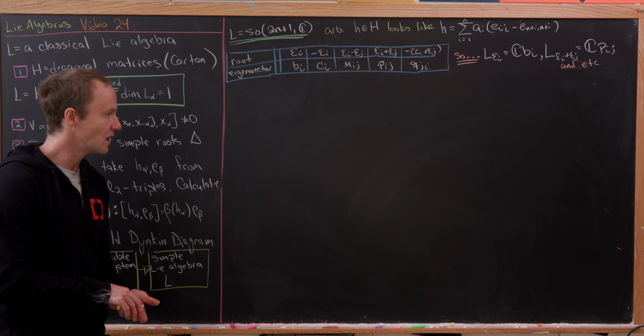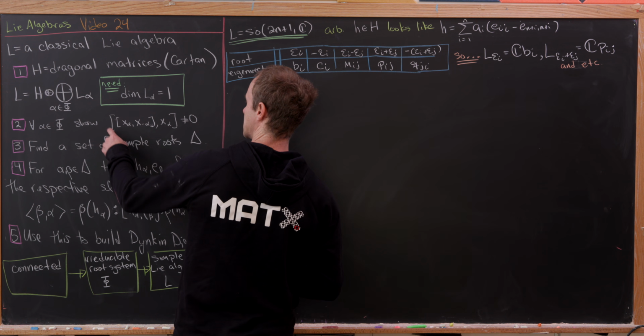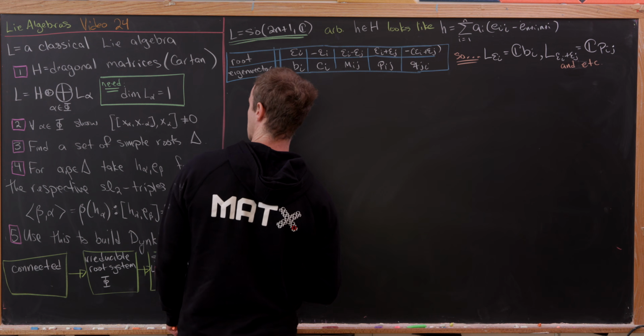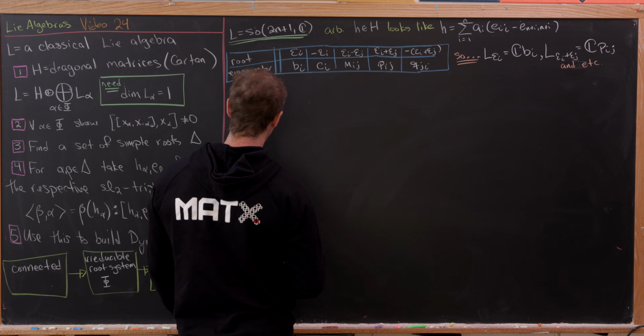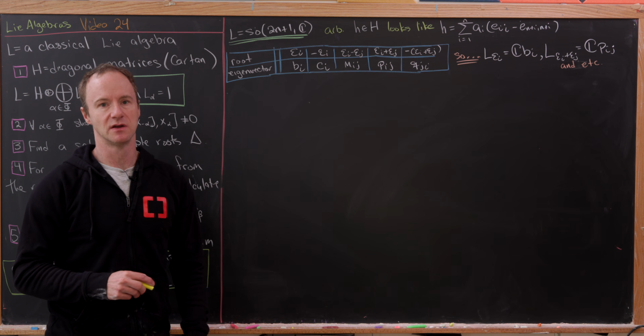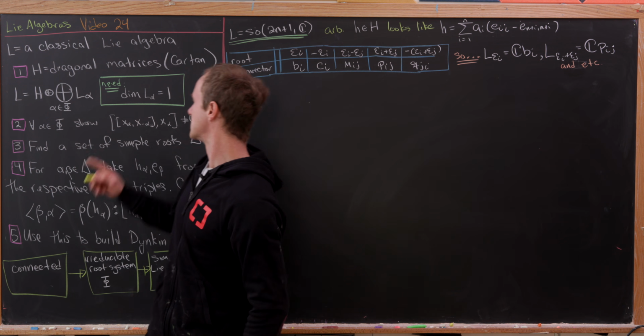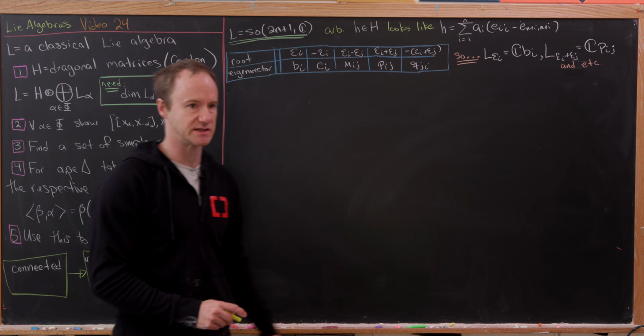Okay, so now, while looking at this, we would need to check this right here, this number 2, but maybe I'll leave that for you. That's just a matrix multiplication and commutation exercise, really. But what you'll see is that you always get something non-zero.